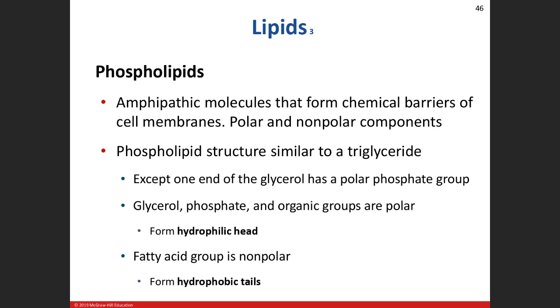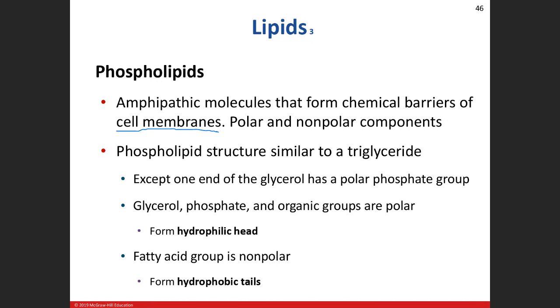The next type of lipid is the phospholipids. These phospholipids are in huge abundance in our body, and the reason why is because they make up a significant amount of our plasma or cell membranes.